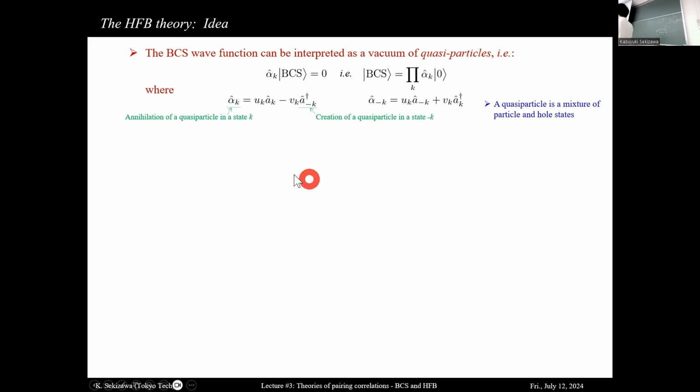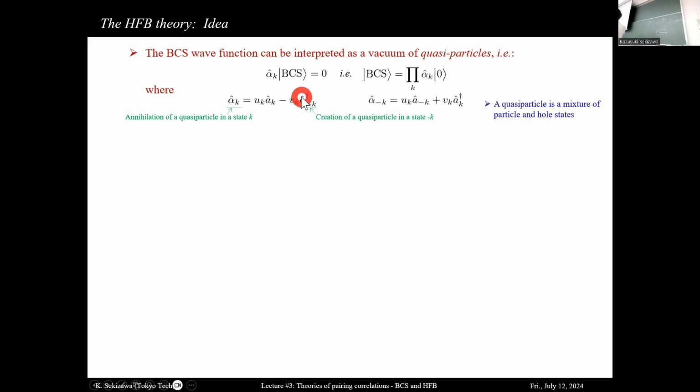But actually, we can interpret the BCS wave function, or BCS state, in a different way. It is the picture of quasi-particles. I won't introduce the derivation here, but you can look for the operator that satisfies this property.